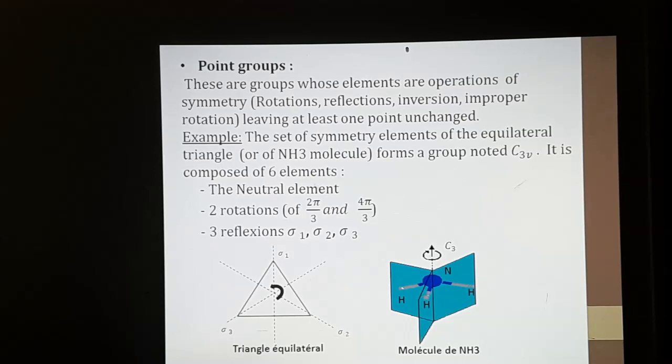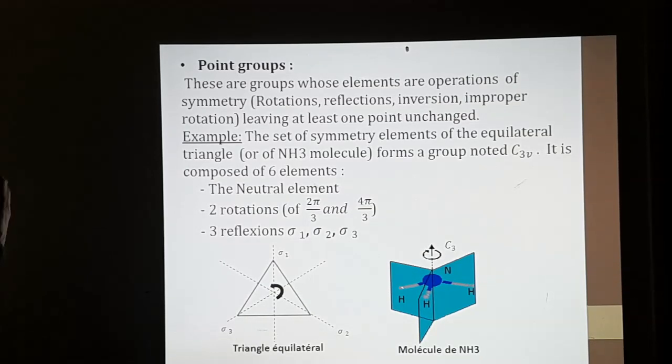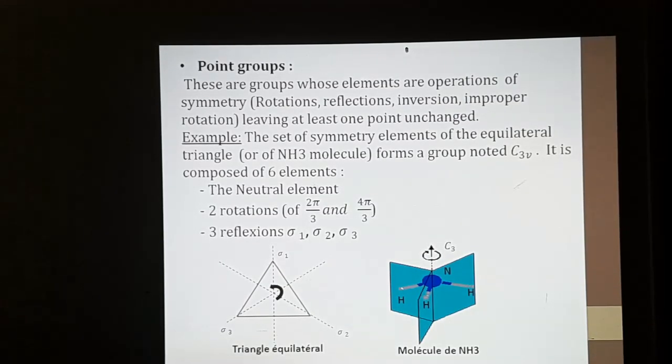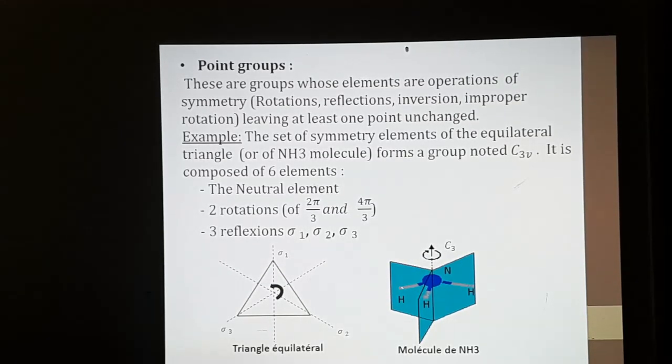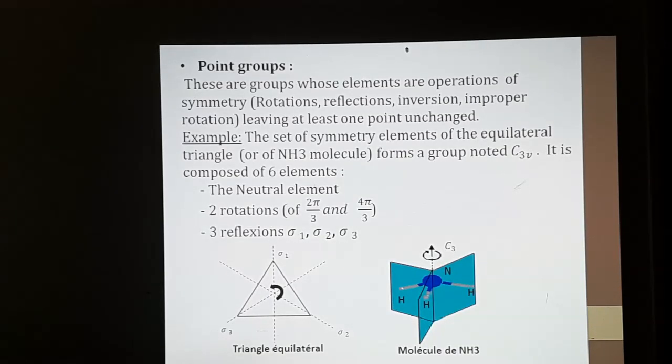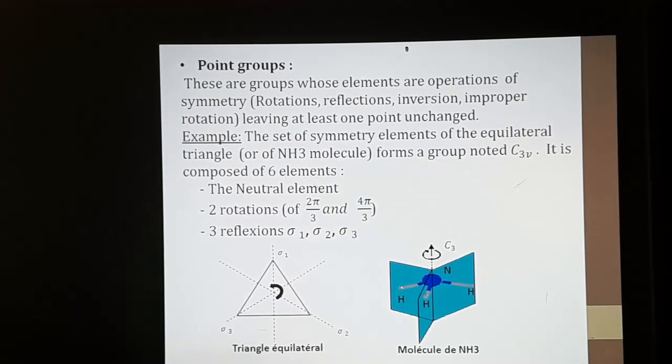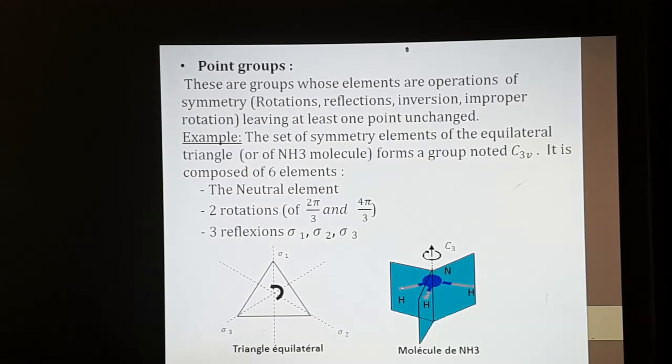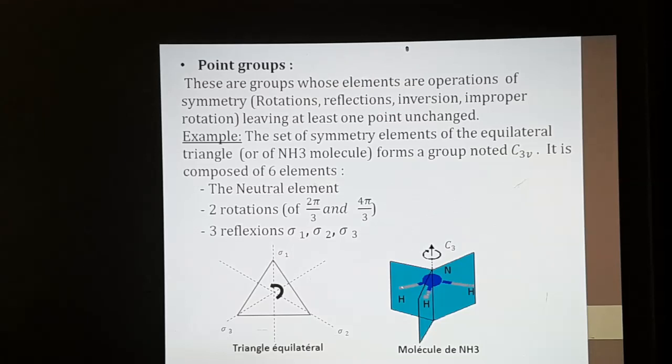An important type of group that is encountered in physics and materials is the point group. A point group is a group whose elements are operations of symmetry: rotation, reflection, inversion, or improper rotation.